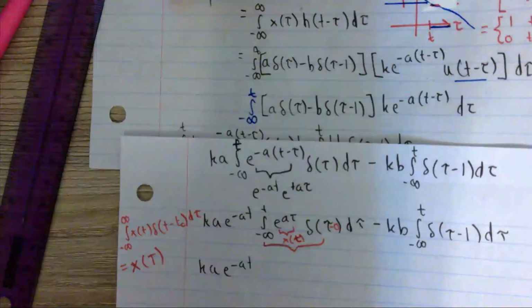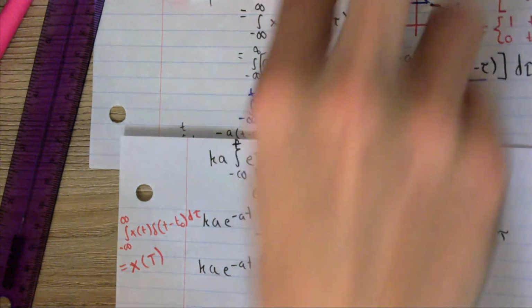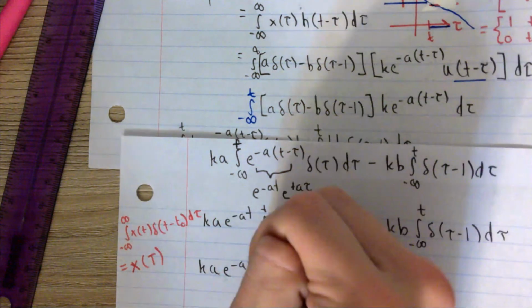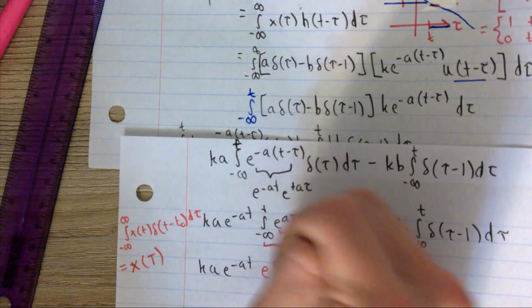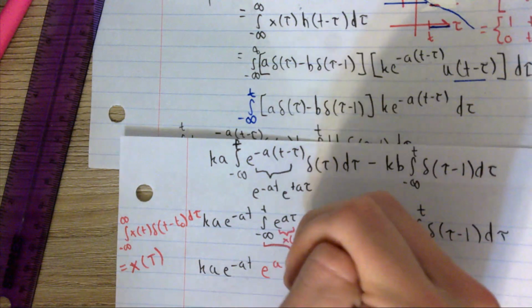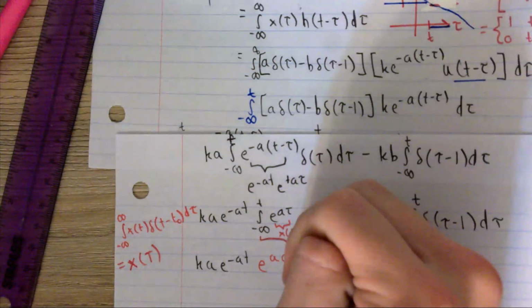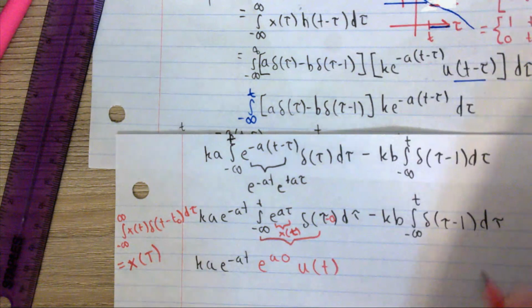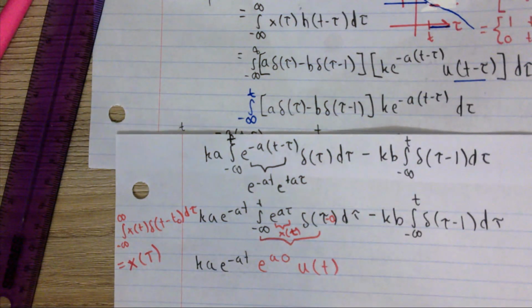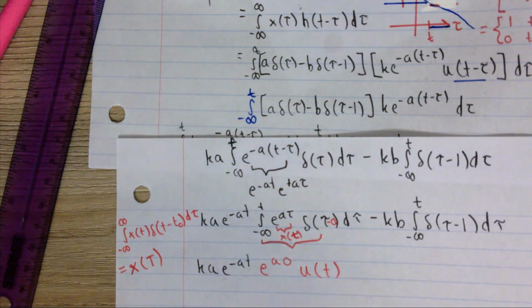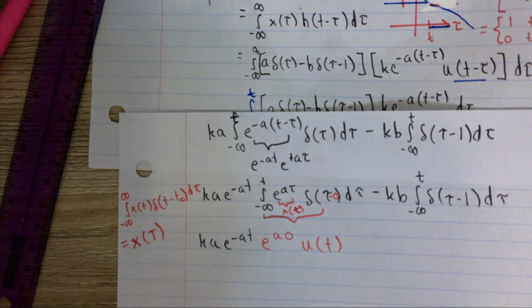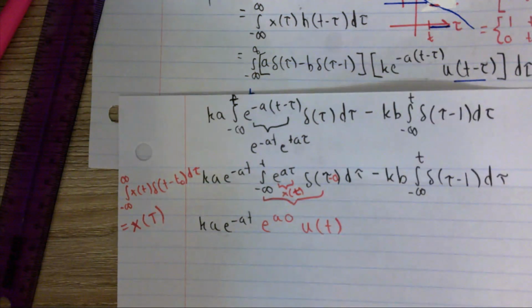He took it out, said e to the a and evaluated at 0. And then he multiplied it by the unit impulse u of t here. Sorry, not the unit impulse, the unit step. Why did he include that here?